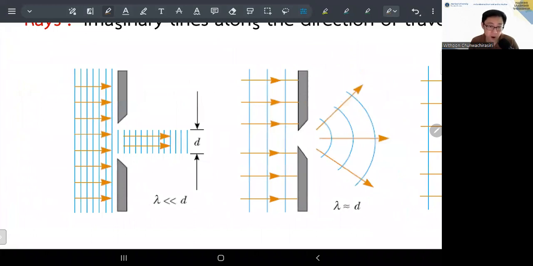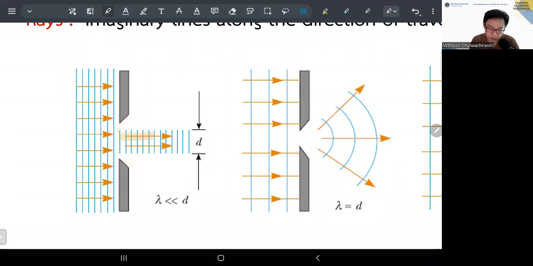This is a top view of water waves, like ocean waves approaching the shore. Imagine the ocean wave hits an opening. When the opening is big, the wave probably just keeps traveling. Nothing has changed. That is fine.